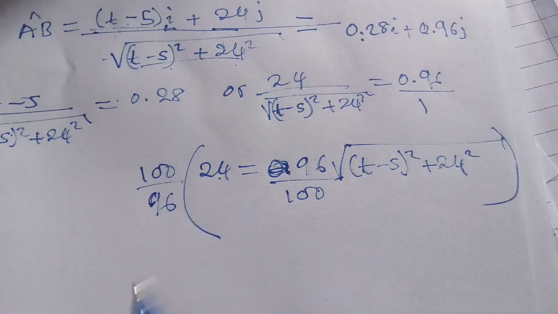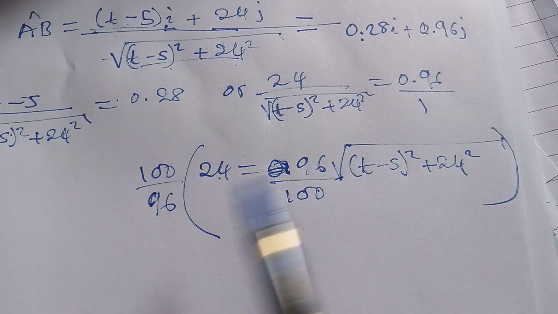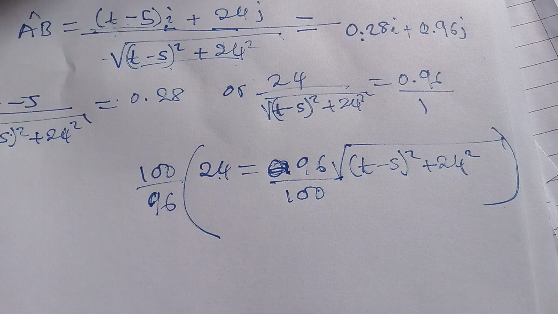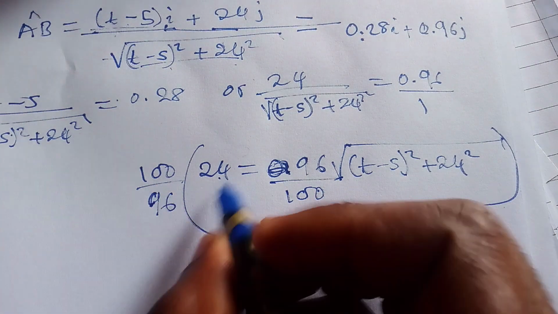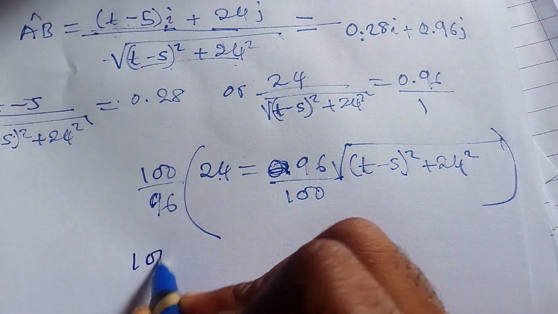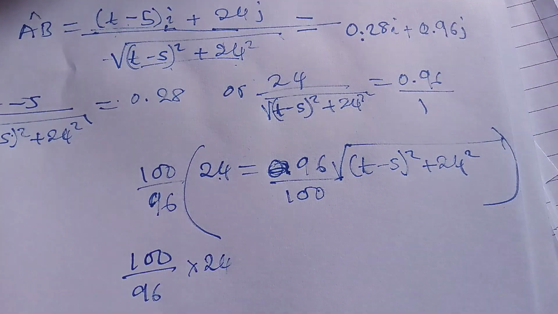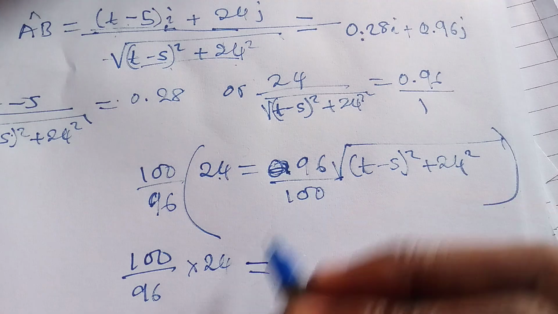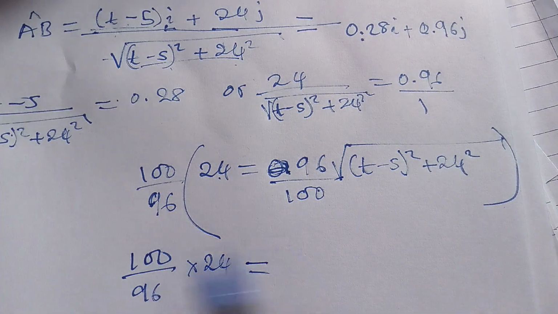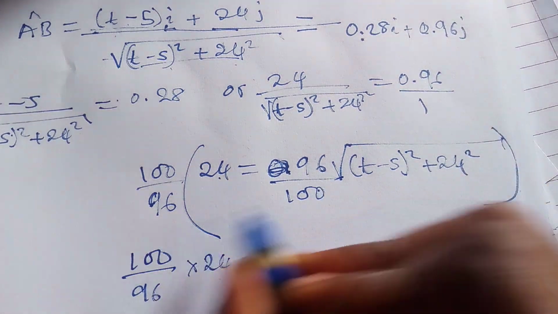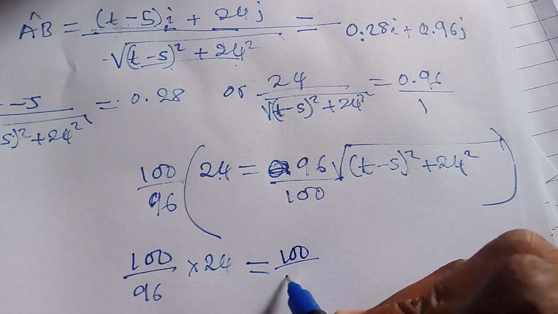You are free to use whatever method you are comfortable with here. You are not restricted to do this. So this times this would be like 100 over 96 multiplied by 24. And then, by the way, you can also cross multiply.